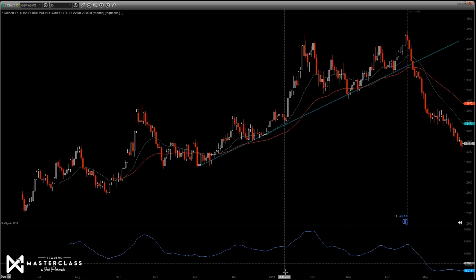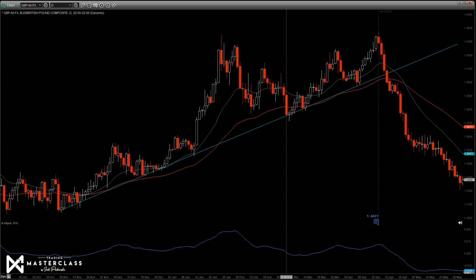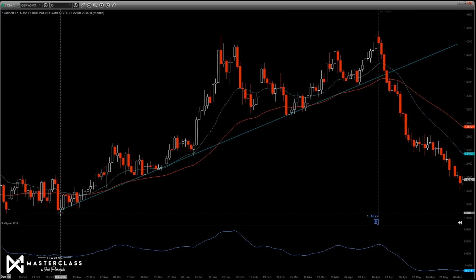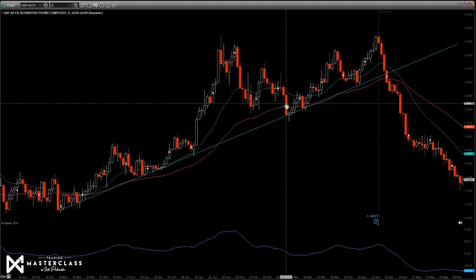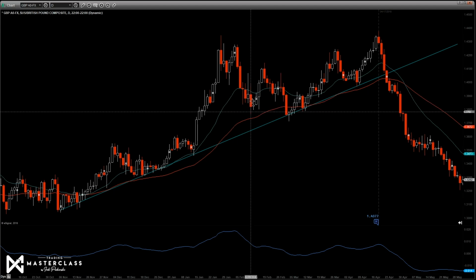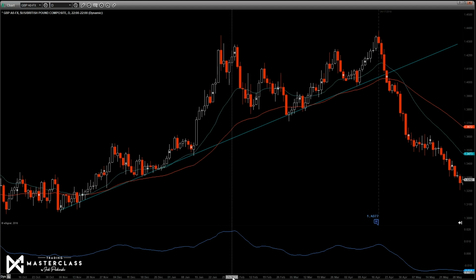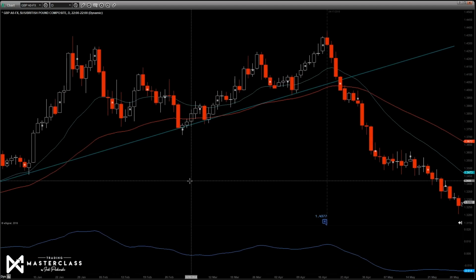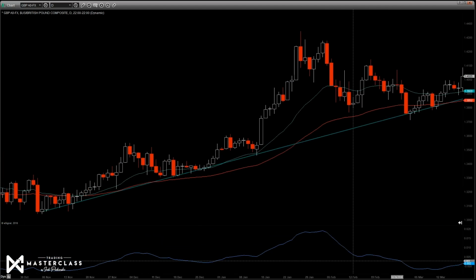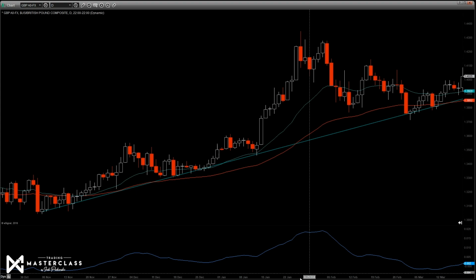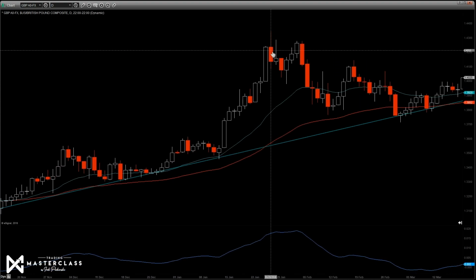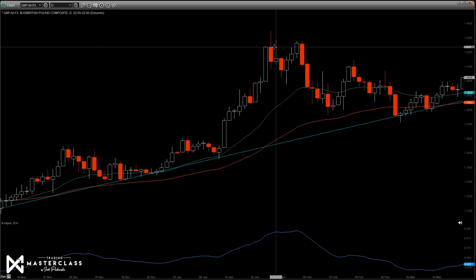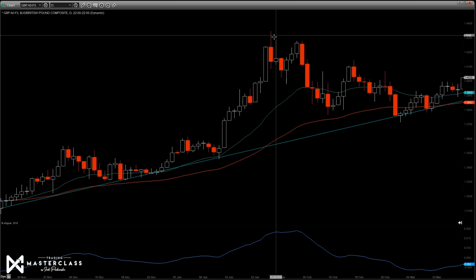When it comes to candlesticks, you have the wick right here. That is a wick. And then you have the body, the big body. So we've got wicks and a body. We'll talk about candlesticks in another lesson as well. The body is the thicker area, and the wick is the longer area.